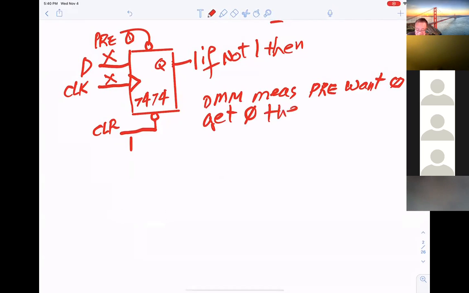Then next, when you measure preset, you want 0 and you get 0, what next do you want to do? Power and ground. Yeah, that's normal. That means you check at the beginning: pin 14 is 5 volts, pin 7 is ground.